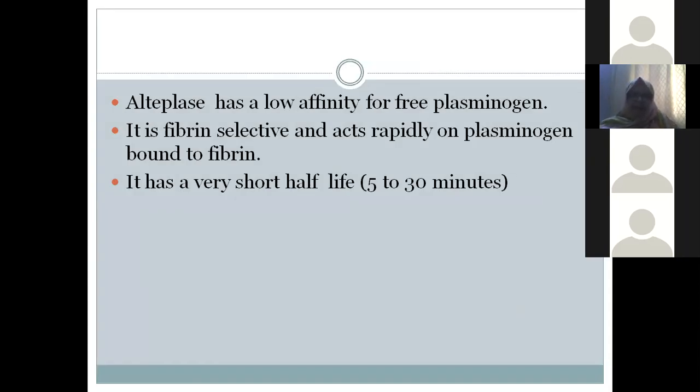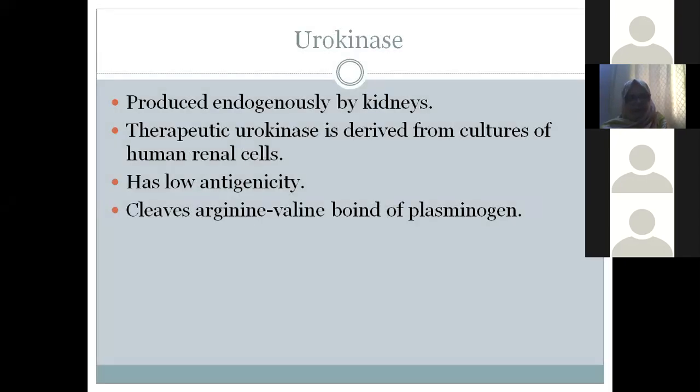Alteplase has a low affinity for free plasminogen. It is fibrin selective and acts rapidly on plasminogen bound to fibrin. It has a very short half-life, 5 to 30 minutes. Urokinase is produced endogenously by the kidney. As you can say by the name, uro means related to the kidney or renal system, and 'ase' is always used for an enzyme.